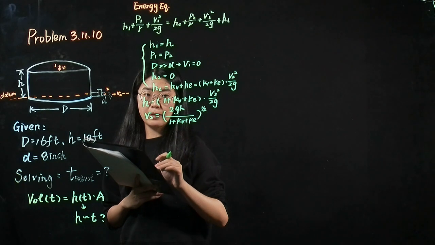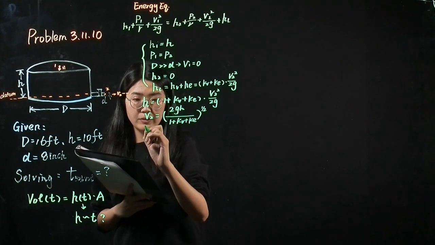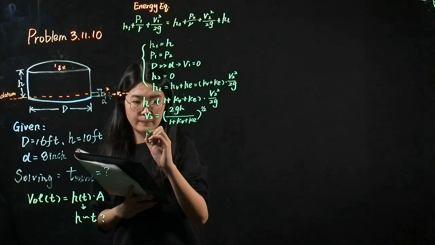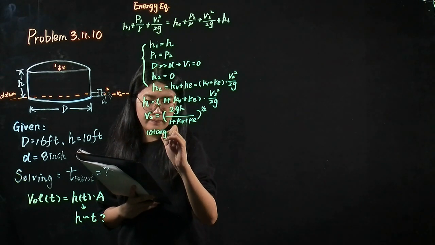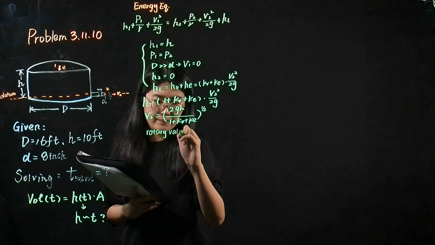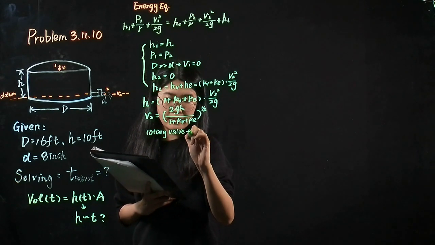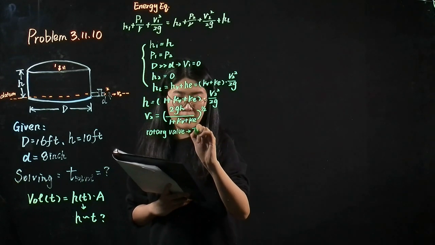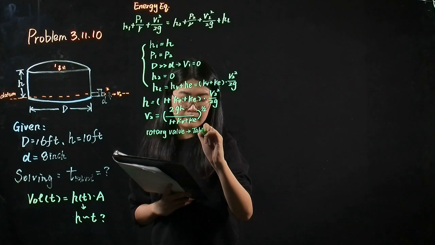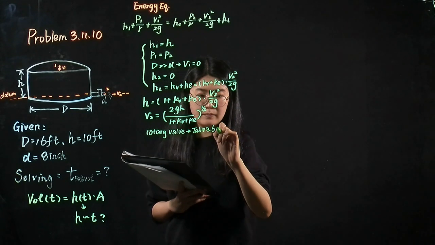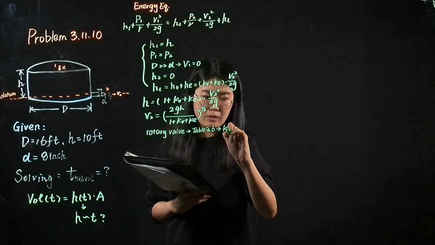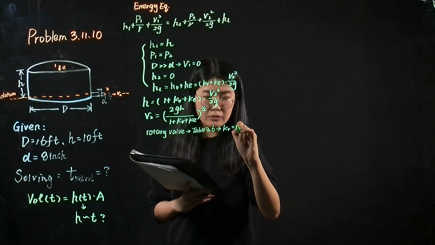Because there is a rotary valve, we can look up the coefficient KV on table 3.6. The coefficient KV is equal to 10.